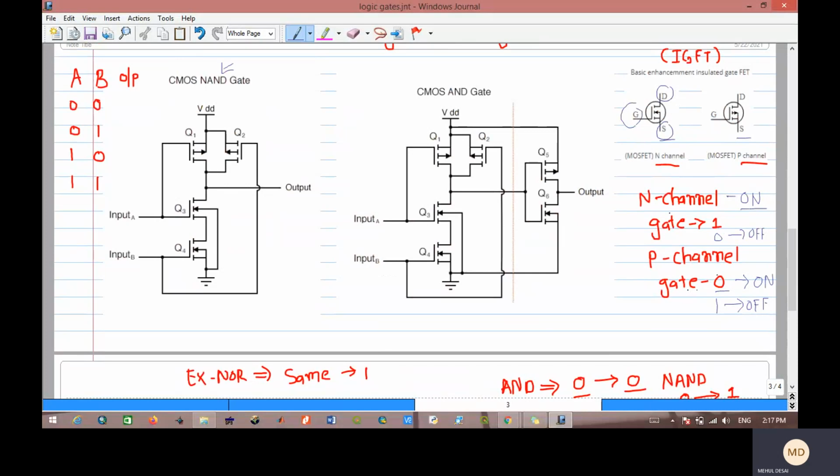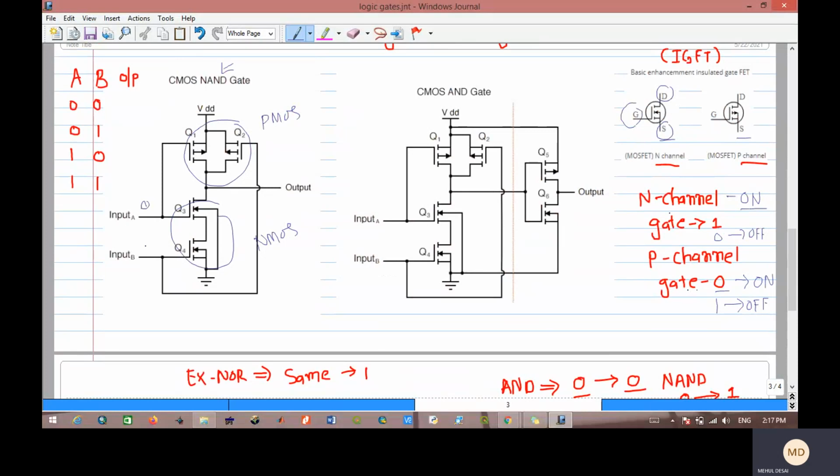Now this is CMOS. CMOS is the combination of NMOS and PMOS. In this circuit, these two are PMOS, and these two are NMOS. The NMOS will be on when the input is 1, and the PMOS is on when the input is 0. So let's consider the input 0 0.